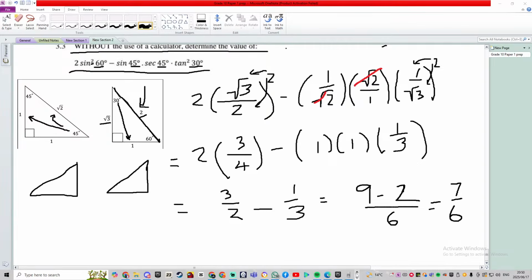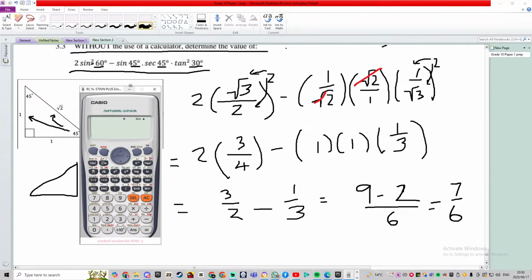Now you take your calculator and put it to the side and pray that you get the same answer. So square root of 3 over 2 squared minus bracket fraction 1 over square root 2 close bracket, open bracket square root 2 over 1 close bracket, open bracket fraction 1 over square root 3.